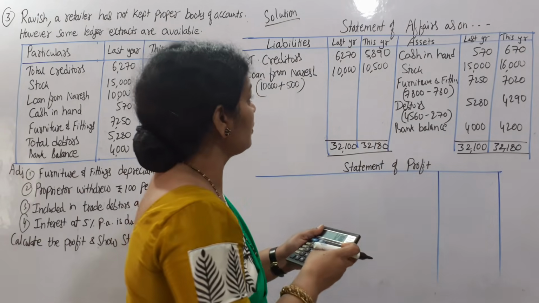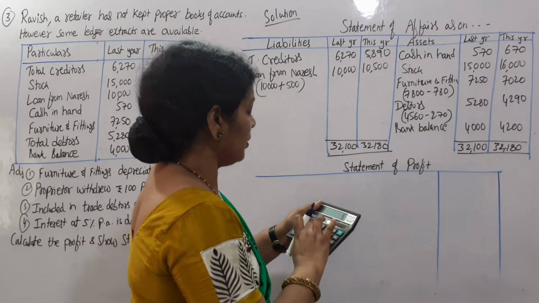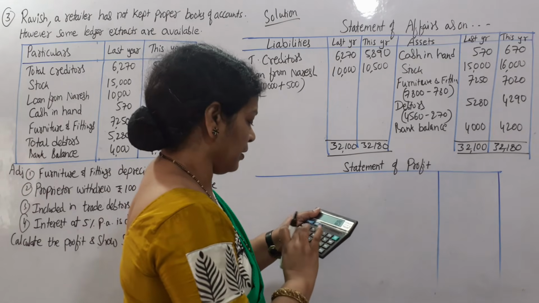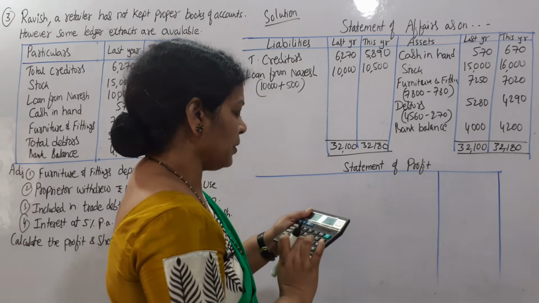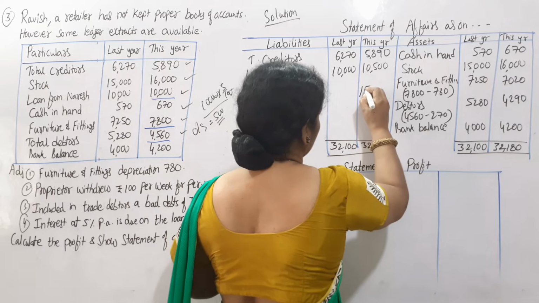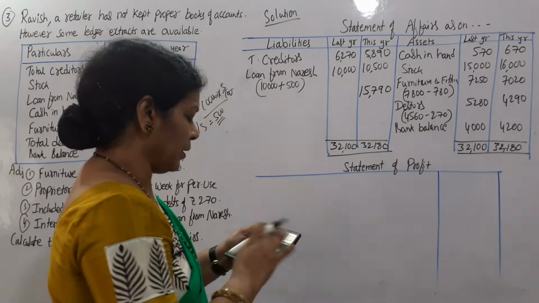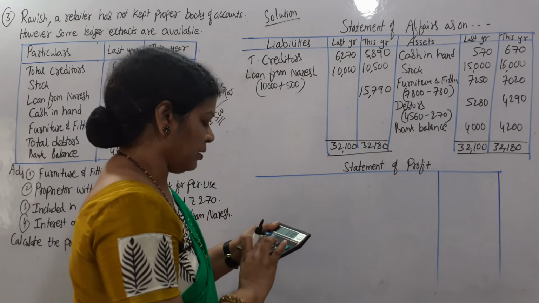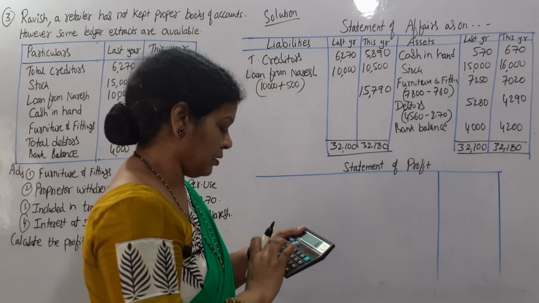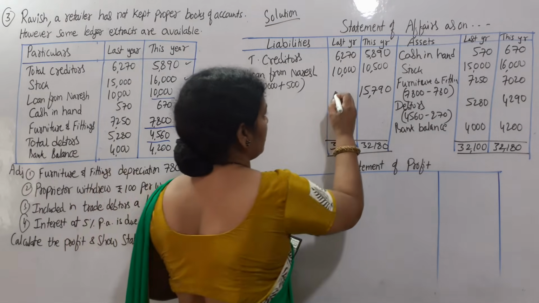32,180 minus 5,890 minus 10,500. It comes to 15,790. And here 32,100 minus 16,270 comes to 15,830.